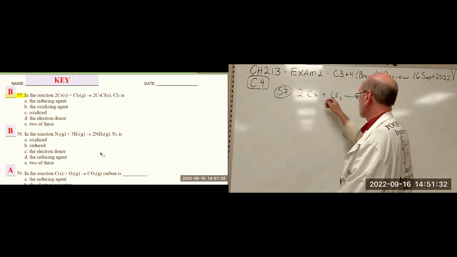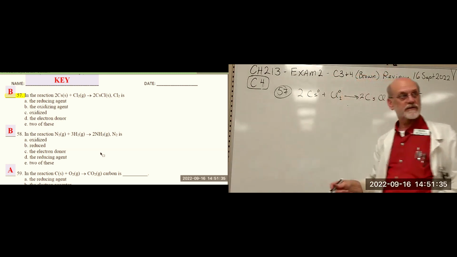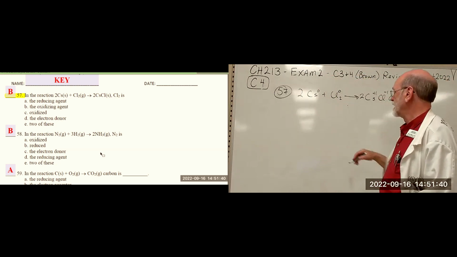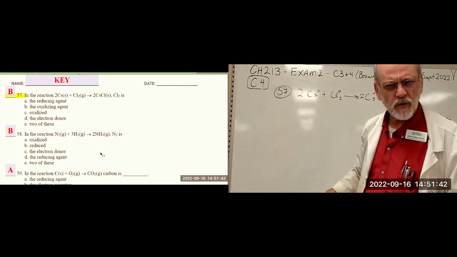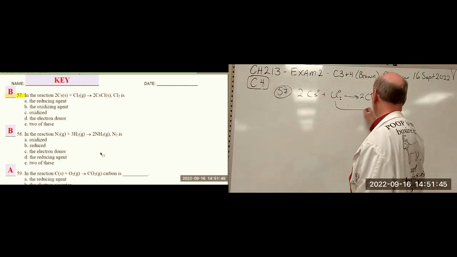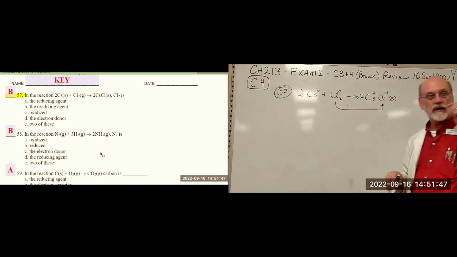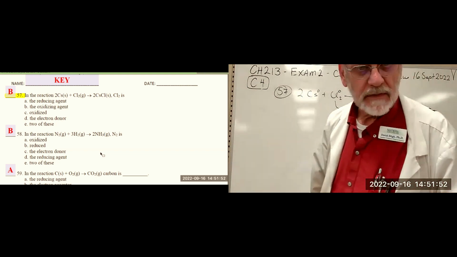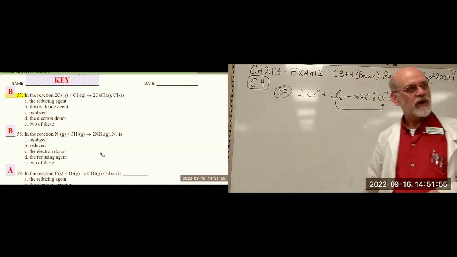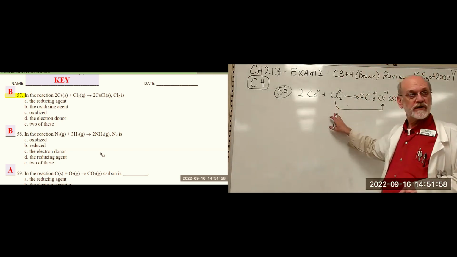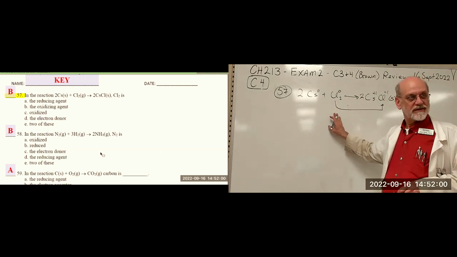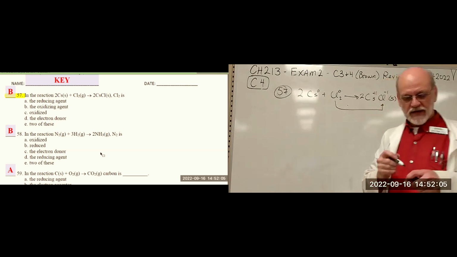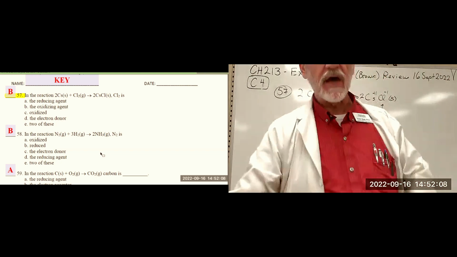Okay, so what happens? Well, this one's 0 and that one's 0 because they're elements. Over here, this one's -1, this one's +1. So, the question asks for chlorine. What happens to chlorine? It gains an electron. It's reduced. That's not one of our choices. So what do we also call something that's been reduced? The oxidizing agent. It causes the oxidation of something else by being reduced itself. So that's why the answer is B. It's the oxidizing agent.